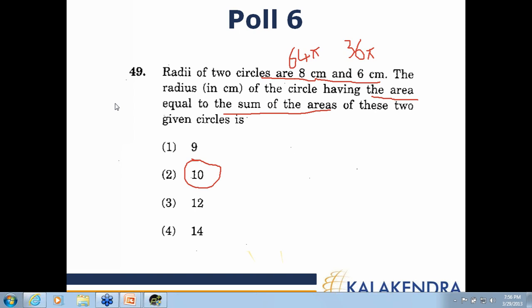So again, I think most of you got this correctly. Some of you had a little problem, but I'm sure if you brush up your geometry knowledge, you should be able to do that.